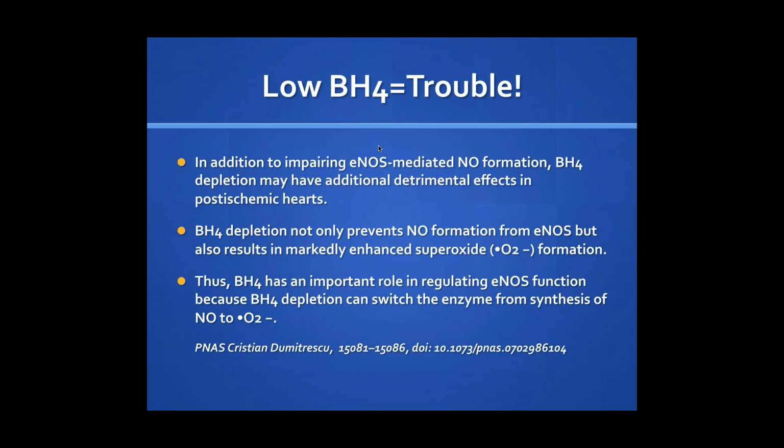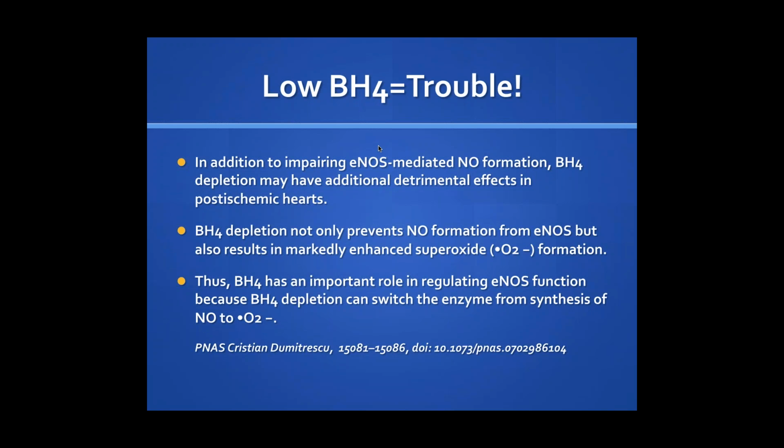In addition to impairing the endothelial nitric oxide-mediated vasodilation, BH4 depletion may have additional detrimental effects in post-ischemic hearts. So after a heart attack, if you don't have enough BH4, then it's going to cause increased damage. BH4 depletion not only prevents nitric oxide formation from endothelial nitric oxide synthase, but also results in markedly enhanced superoxide formation.